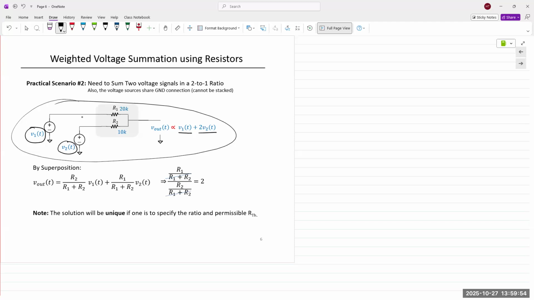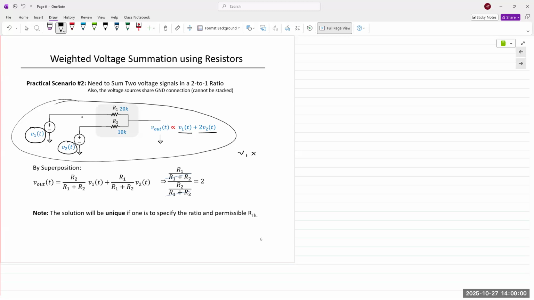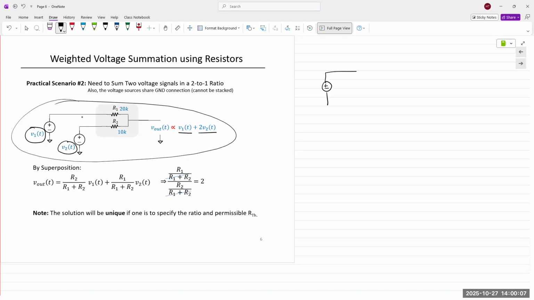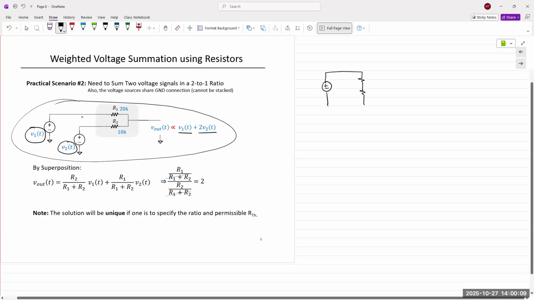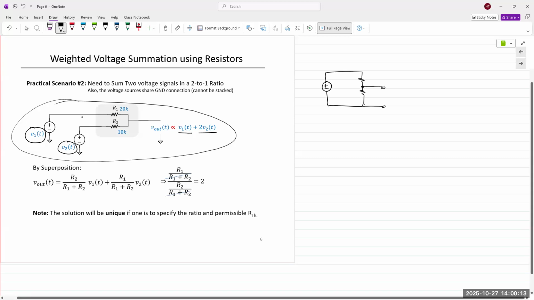If you apply superposition, your circuit looks like this. This is your V out from the midpoint. And this is V1.